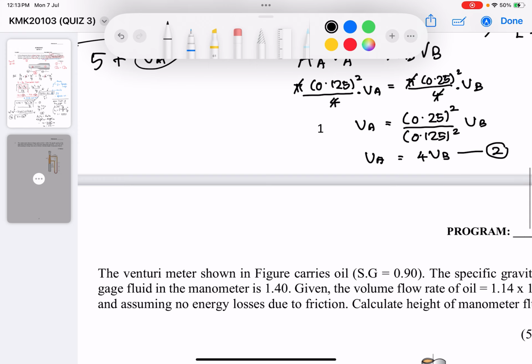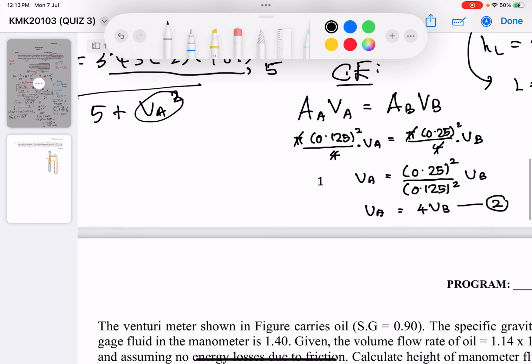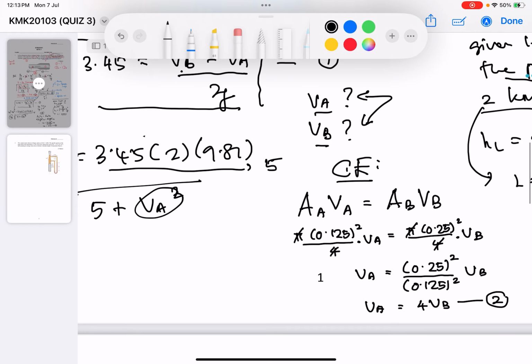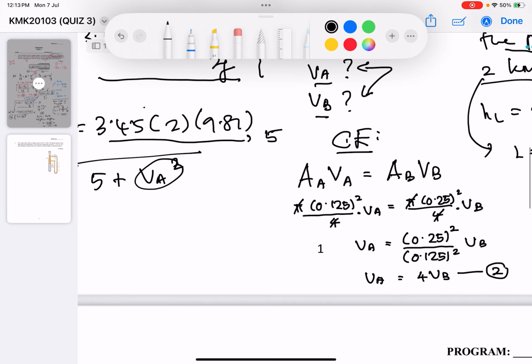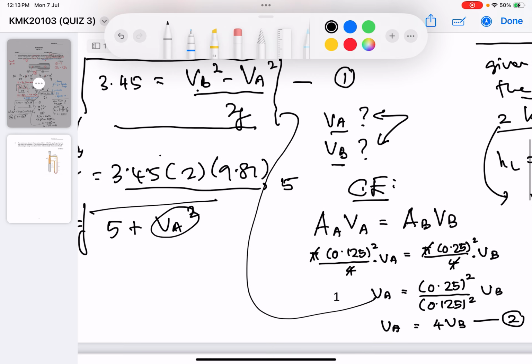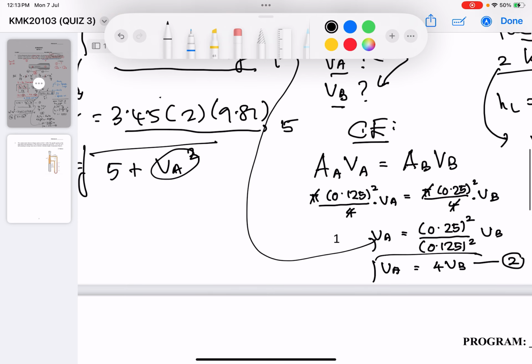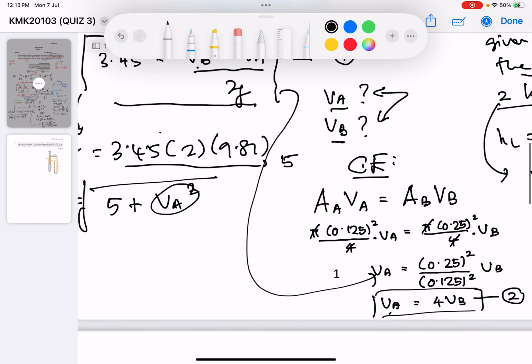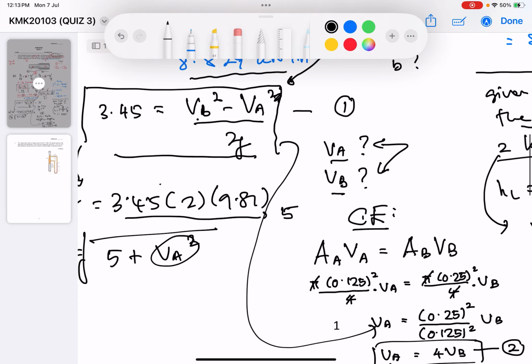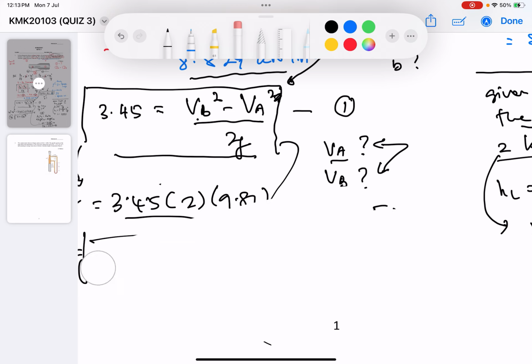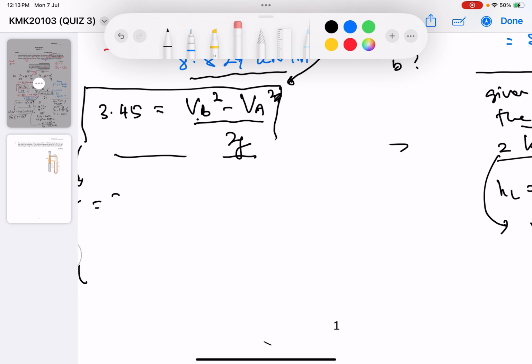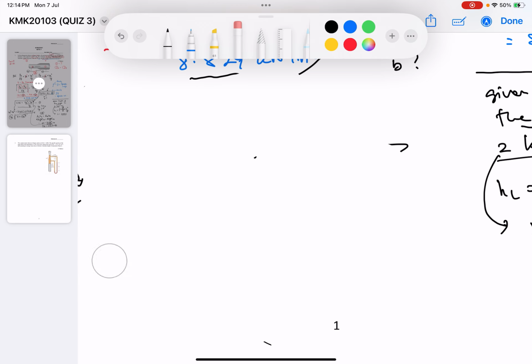So this is my other equation in terms of VA and VB. Going back to here, because now I already have two different equations, I can solve it by simply substituting VA into this equation. Then I get one term only instead of VA and VB.